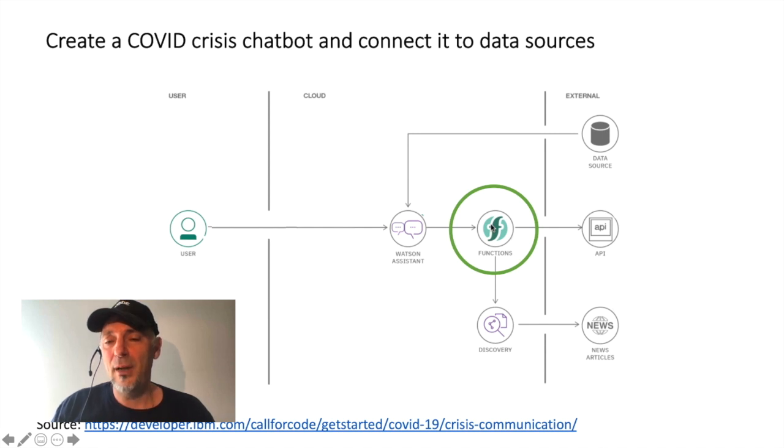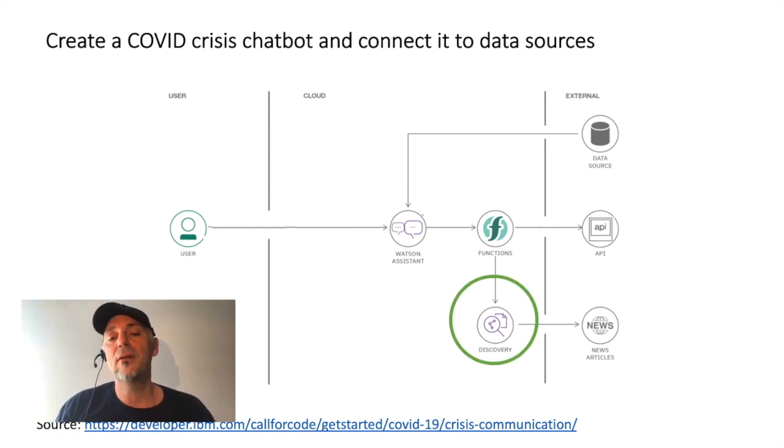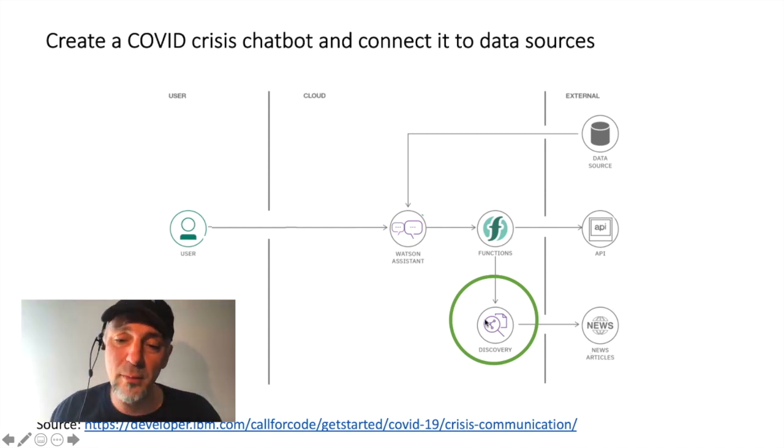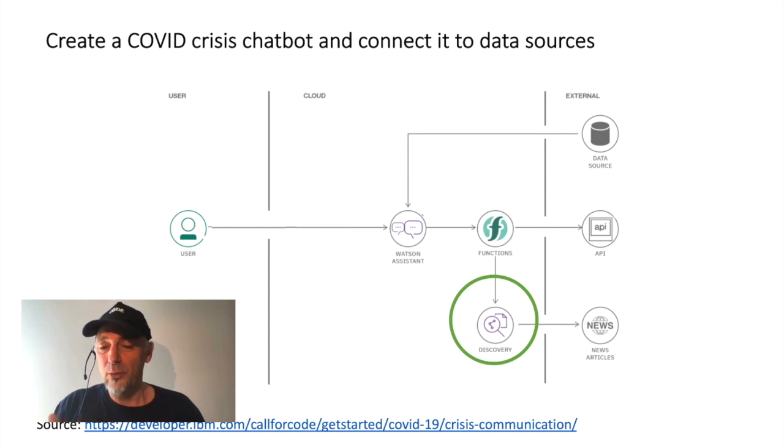Here we provide the API we can use with a webhook and with parameters, and with that we can configure the access to different data sources. Here we will get the information from the Hopkins API, for example, or from the Watson Discovery Service, which has pre-configured news articles as a data source, but we can also fill it with our own information and use it as our domain knowledge information source.